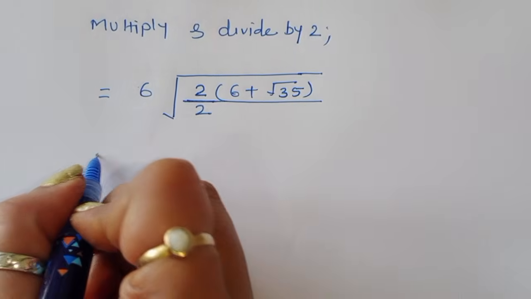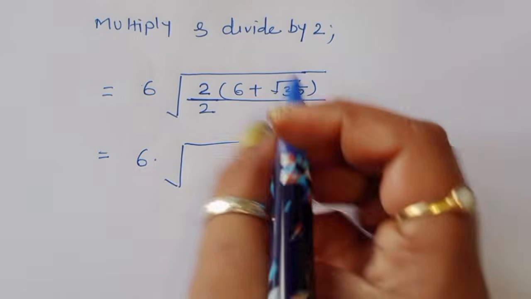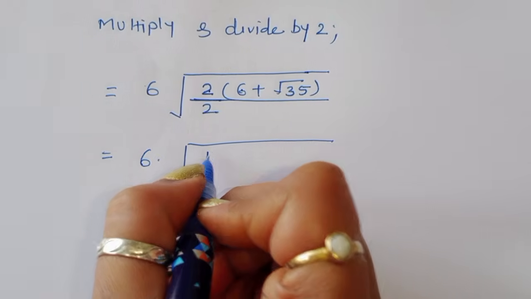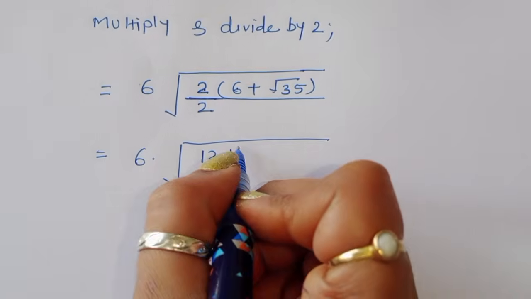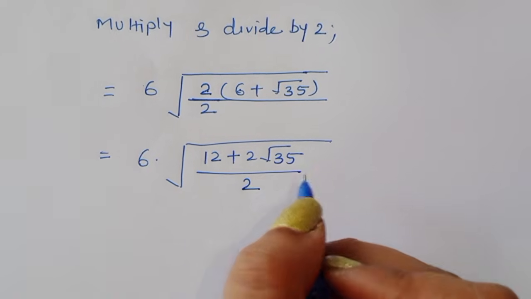So it equals 6 times square root of 12 plus 2 square root of 35, divided by 2.